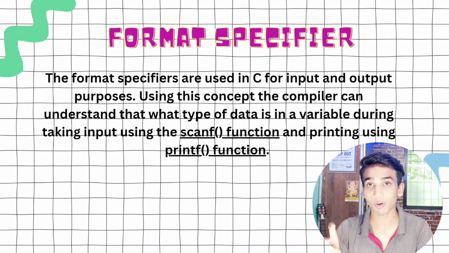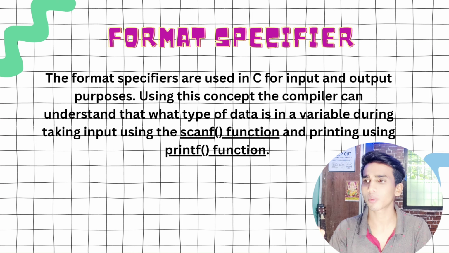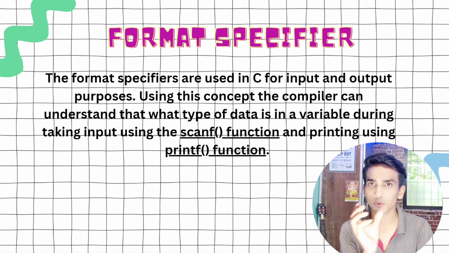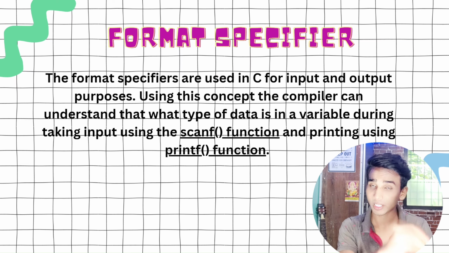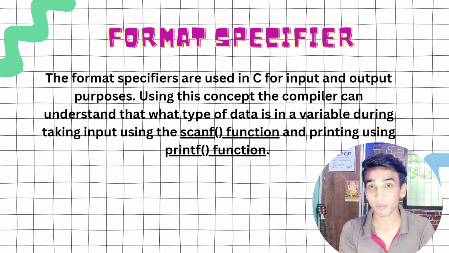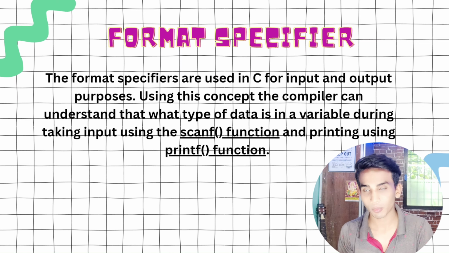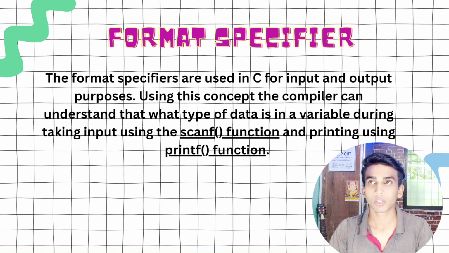And also what type of output is to be displayed on the output screen is dependent on the format specifier. What type of data should be kept in a variable, what type of data should be inserted inside it, and what type of data should be given as output to the user, it's dependent on the format specifiers.